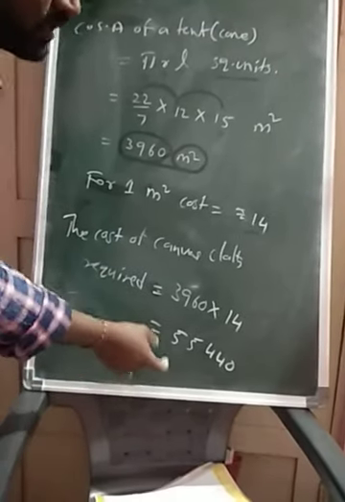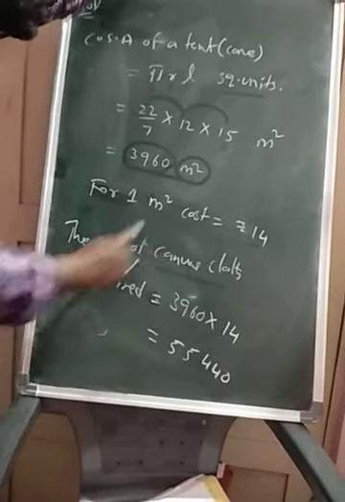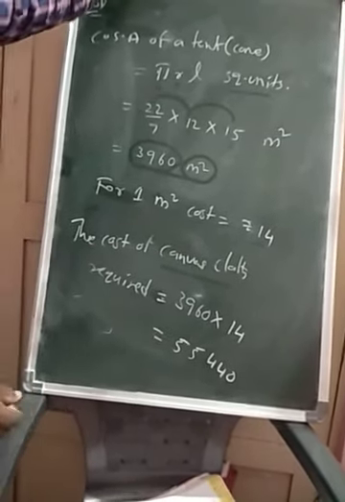So the cost of the canvas cloth at rupees 14 per square meter is rupees 55,440.